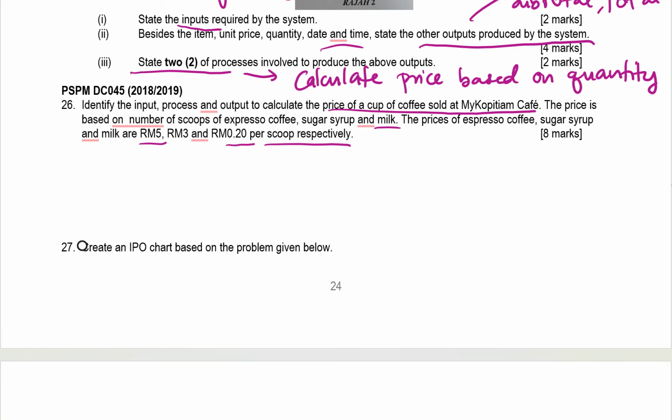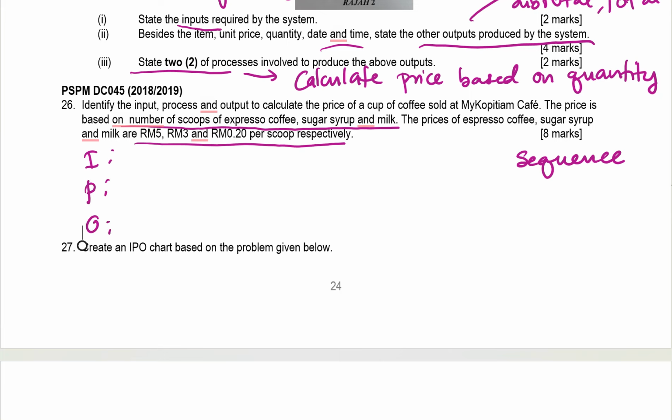Of course the answer here is sequence. Why sequence? Because the question mentioned that the price is based on number of scoop of espresso coffee, sugar syrup and milk, and the prices are given. So you have to identify the input, process and output.